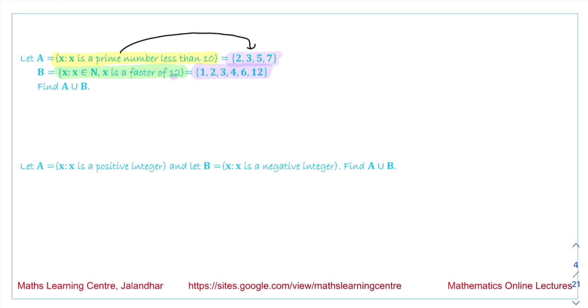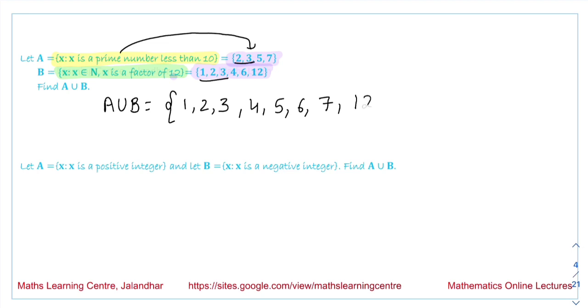You have to write the value of A union B. That is a set, so we put it in brackets. The numbers we will have are 1, 2, 3, these three numbers are covered, then 4, 5, 6, 7 and 12. So this is the union of these two sets.